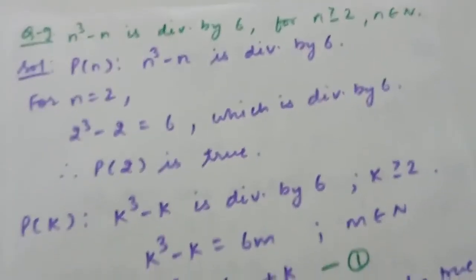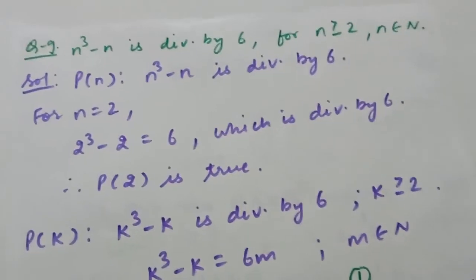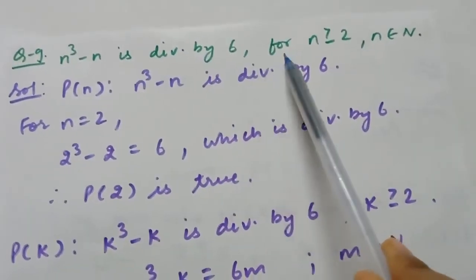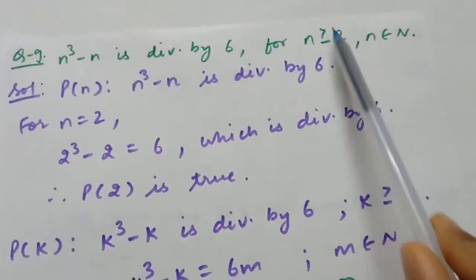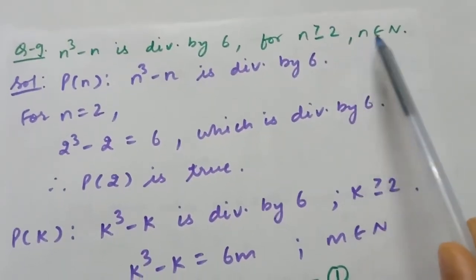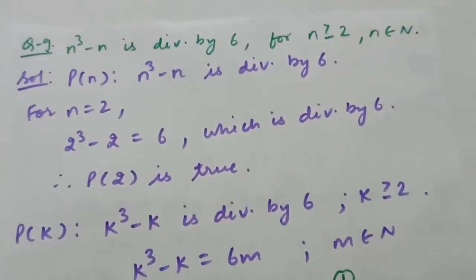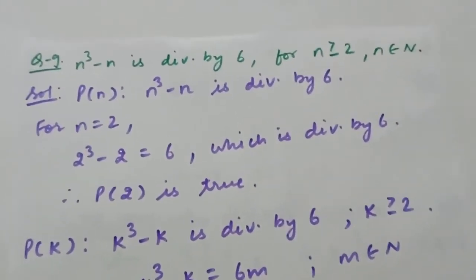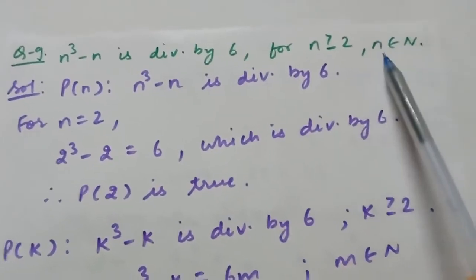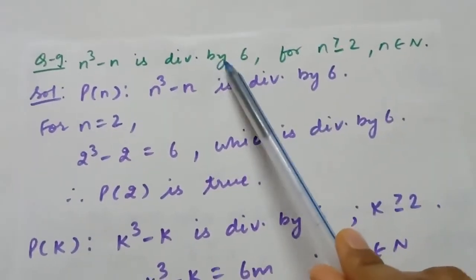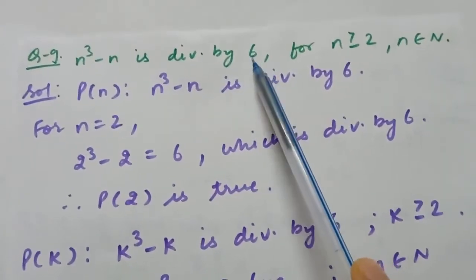Clear? Now next is question number 9. N cube minus n is divisible by 6 for n equal to 2 or greater than 2, n belongs to natural number. Till now we have done that n belongs to natural number, but this statement is not true for n equal to 1.